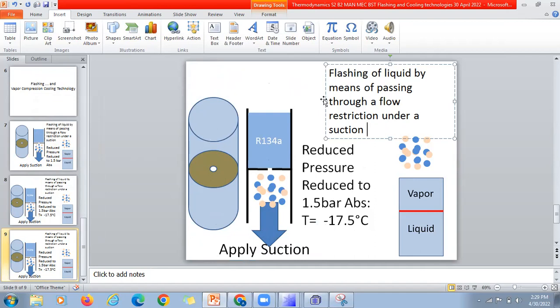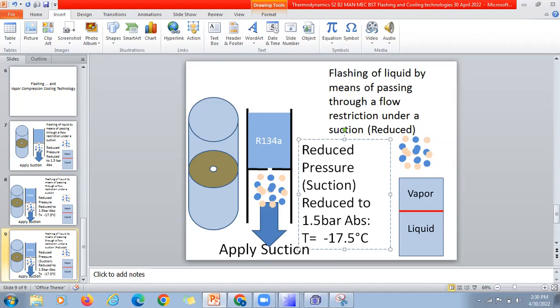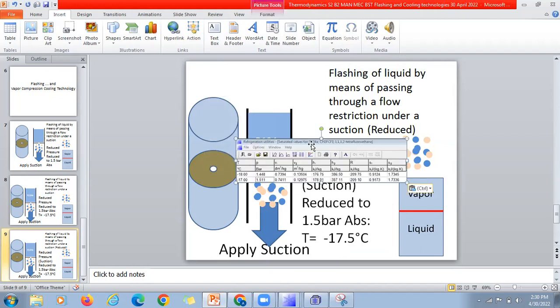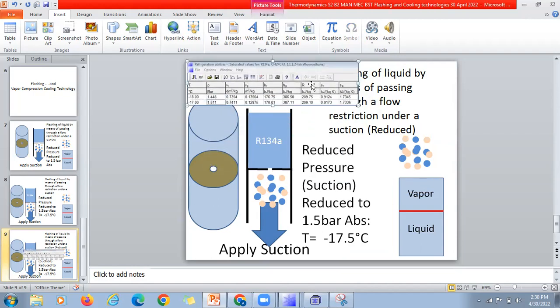Suction means reduced pressure. So you have to apply a suction. That's a practical way of having a reduced pressure.